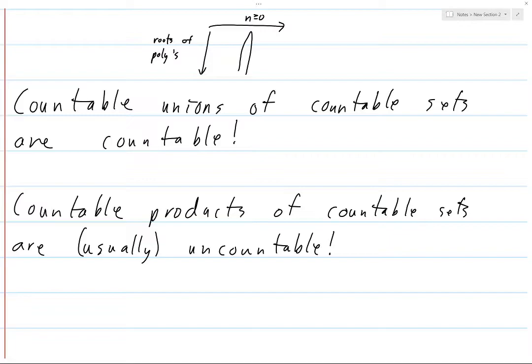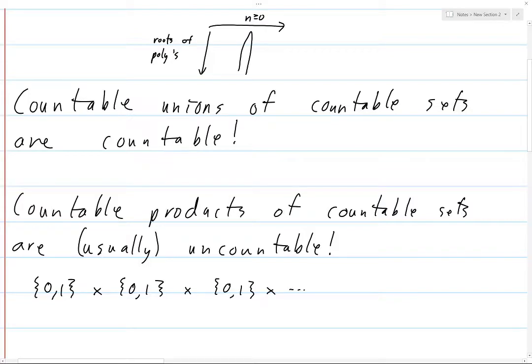So if you have a countable product of sets and each set has just one element, then obviously the product is going to give you just one element. But if you want a good example of countable products of countable sets, just think of it this way: 0, 1, 0, 1, 0, 1, etc.